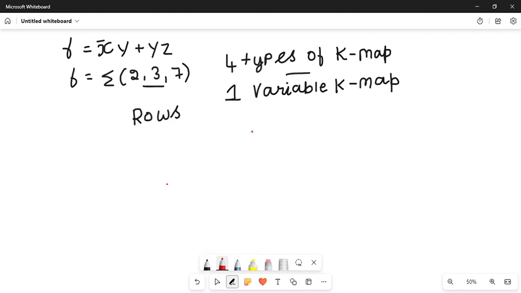So if I consider the 1 variable K-map, how does it look? How many rows does it have? In the case of a 1 variable K-map, it's only one single row, which consists of 2 cells. I'll make a clear partition.